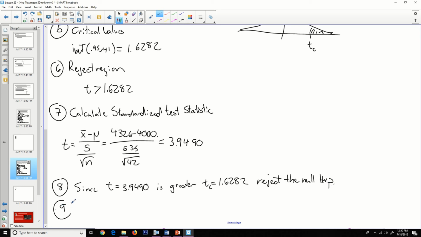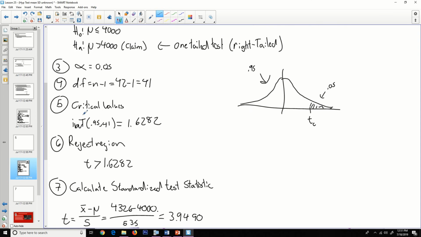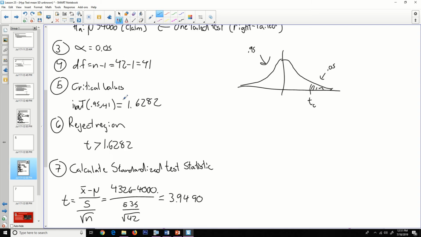And finishing up by rewriting it, there is statistical evidence. Okay, so again, we got to go back here. Remember, our claim is here. And since we are rejecting the null hypothesis, we can support the alternative hypothesis.